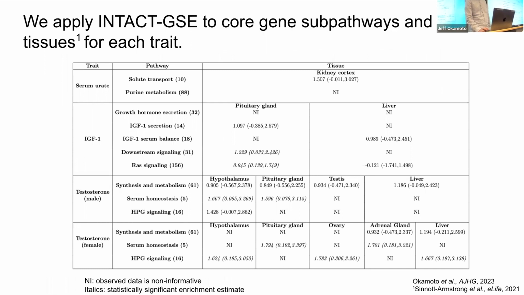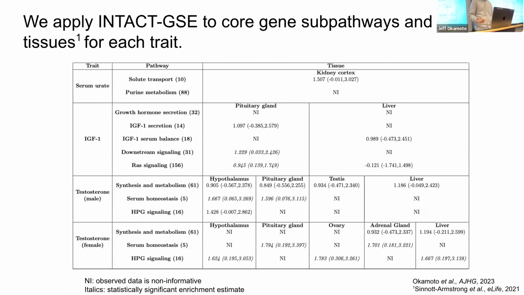Okay, so finally, we're going to look at how INTACT-GSE performs in implicating these 4 gene subpathways in relevant tissues. We're getting these relevant tissues from previous biological knowledge that's reported in this paper. The way this table is set up is we have the trait all the way on the left, the subpathway to the right of that, and then each entry corresponds to a tissue-specific enrichment estimate, the alpha 1, and the corresponding standard error.